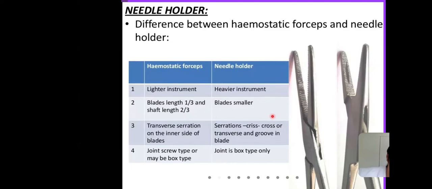In hemostatic forceps, transverse serrations on the inner side of blades. In needle holder, serration crisscross or transverse and a groove in the blade. In hemostatic forceps, joint is screw type or may be box type. In needle holder, joint is box type only.